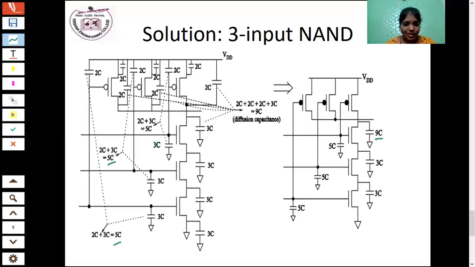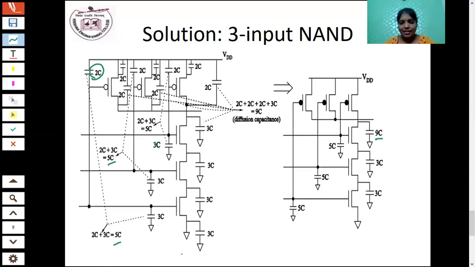So input capacitance value for the PMOS transistor gate is 2, for NMOS transistor it is 3. So 2C plus 3C you will get 5C. So just short the PMOS and NMOS transistors and draw the capacitance value, that is 5C, 5C, 5C. So 5C is nothing but your input capacitance.